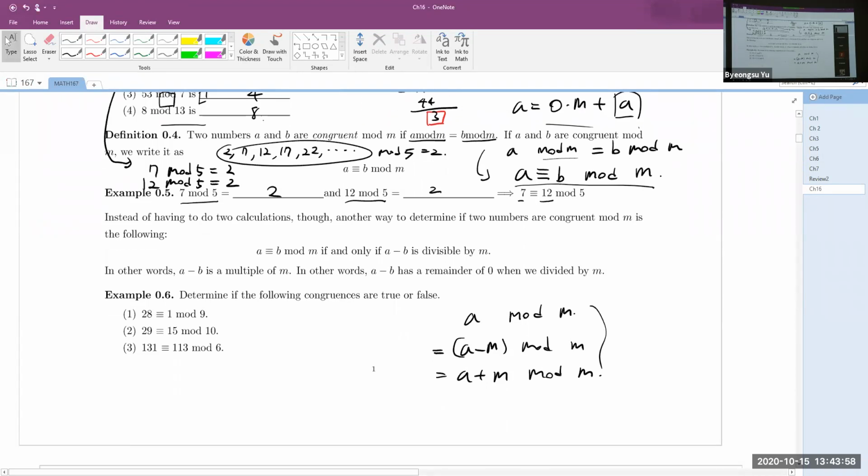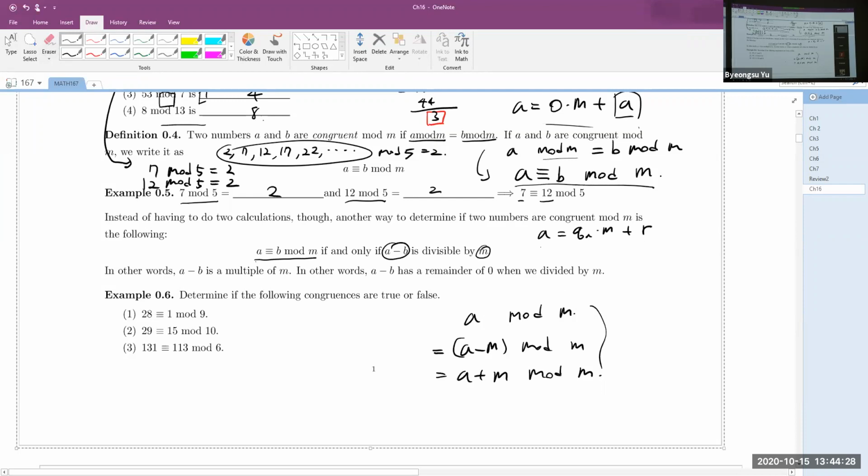Also you need to know that if A and B are congruent mod M, then their difference, A minus B, should be divisible by M, right? If A and B are congruent mod M, then A is equal to some number QA times M plus some remainder R, and B is also some number QB times M plus the same remainder.